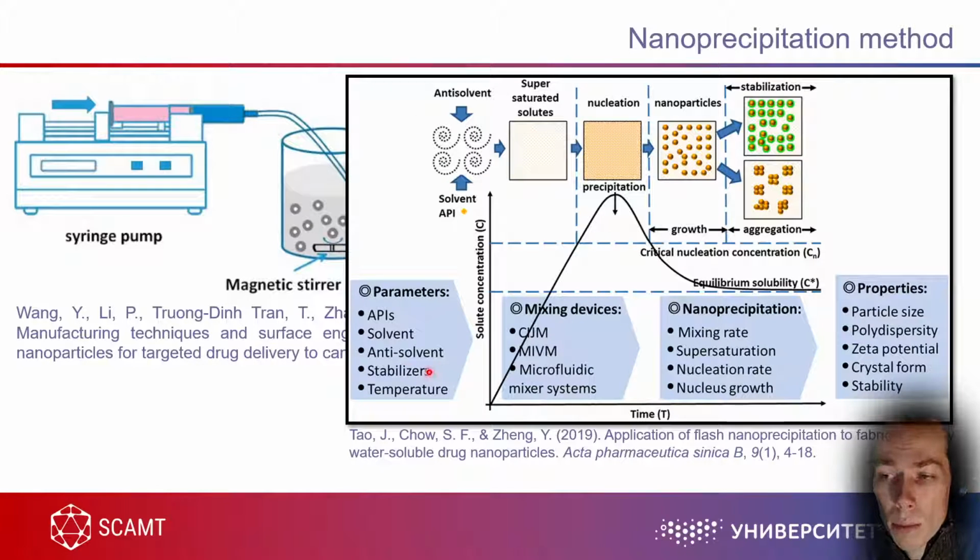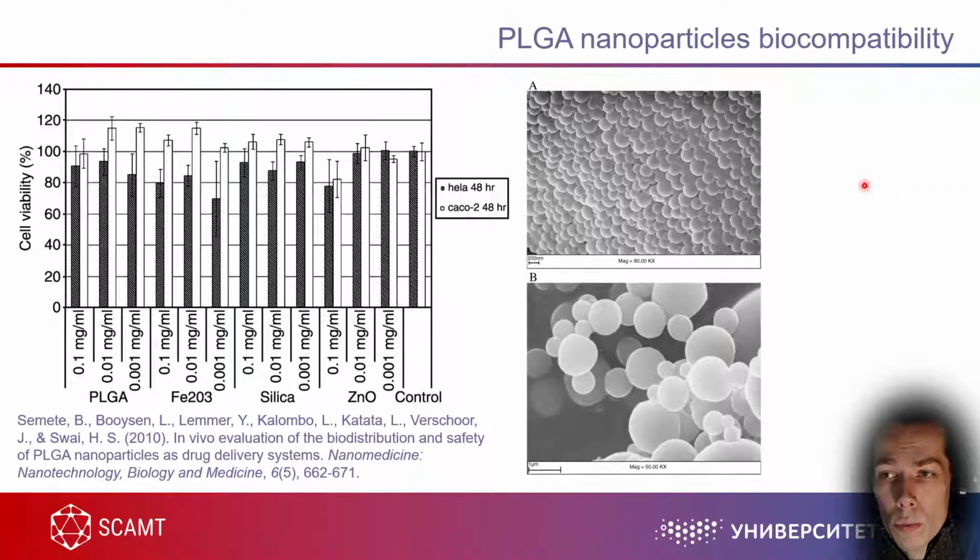So using the nanoprecipitation technique, you can obtain a lot of different kinds of particles, and if you adjust these methods, you can really control particle size, polydispersity, zeta-potential, even crystal form, stability, nucleation, growth rate, and a lot of other different parameters. But what's so special about the nanoprecipitation method?